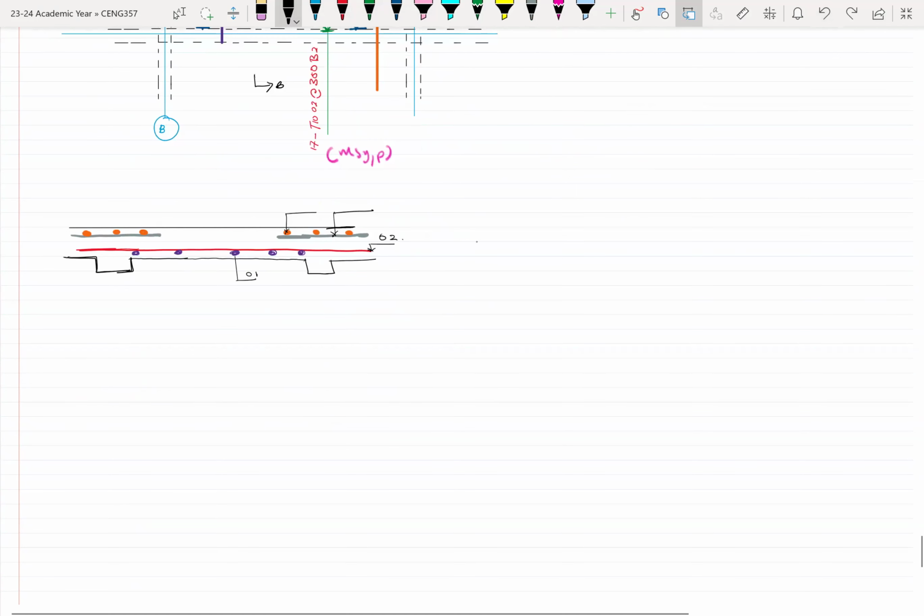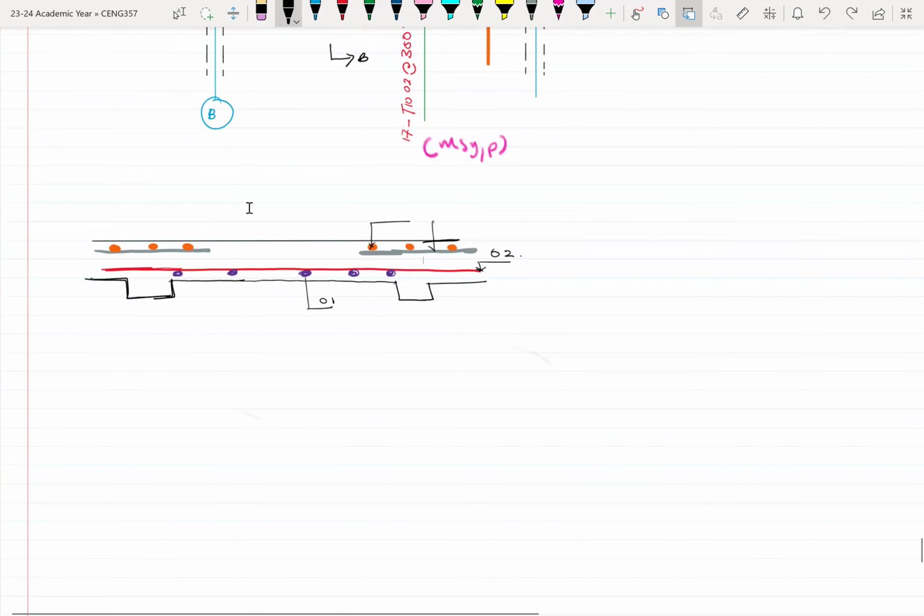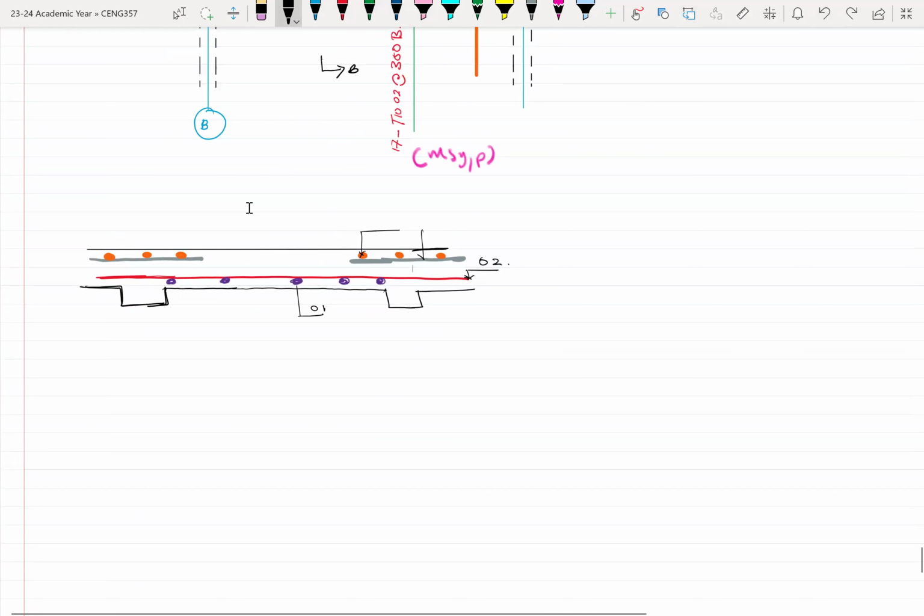Okay, I don't know what happened. So then the ash is 03, and this is 04. So this is section AA. Okay, now we can take this whole thing and draw section BB.